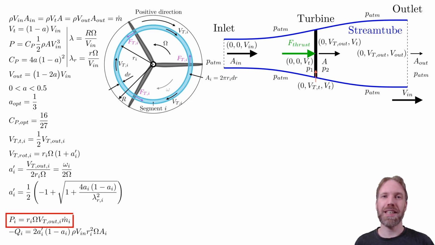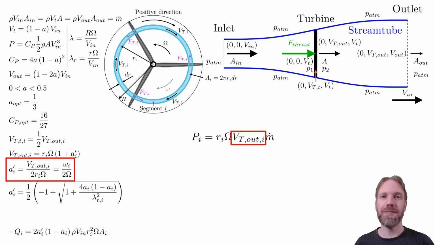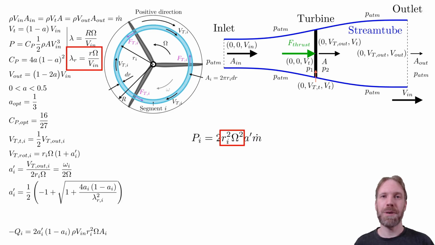Let's bring back the expression for the power. Yet again, replace Vt using the angular induction factor. Combine. Multiply and divide by V in order to match the expression for the local tip speed ratio.